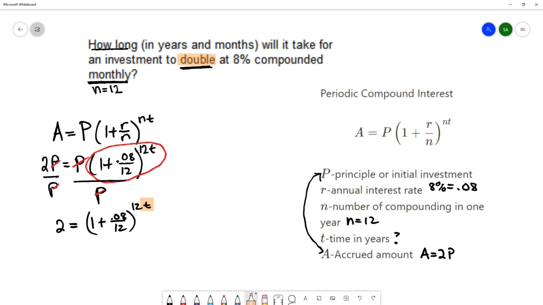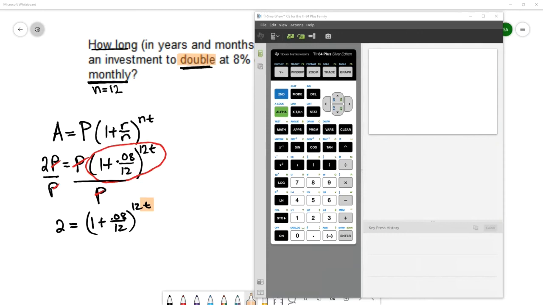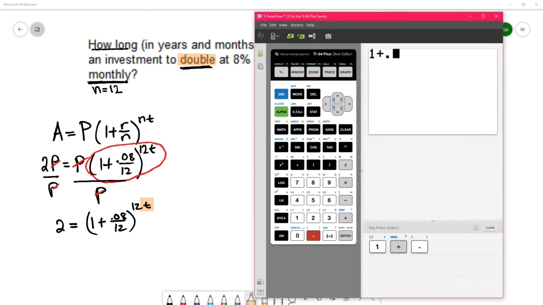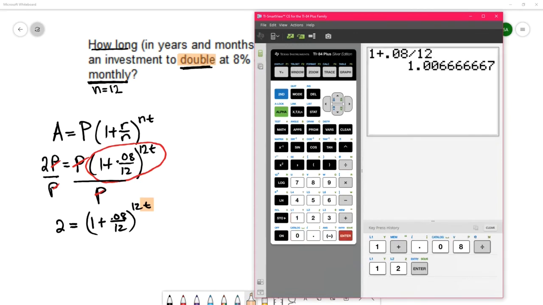I'm going to use my calculator to simplify what we have in the parentheses. I'm pulling that calculator up now, so I apologize, it takes a moment. So we'll type in 1 plus 0.08 divided by 12, and that gives us 1.006 repeating.